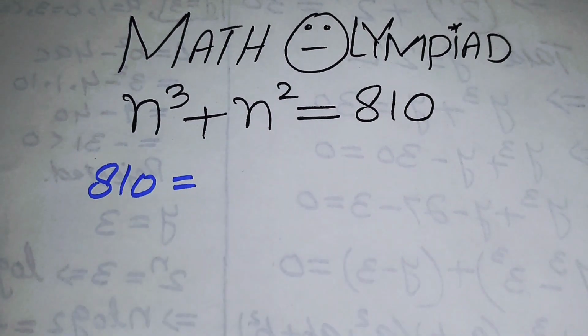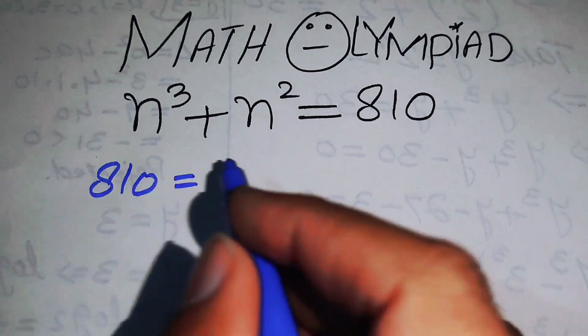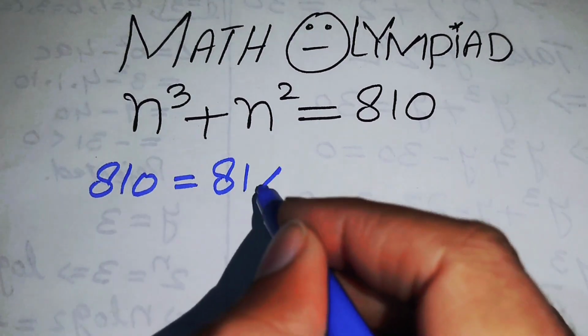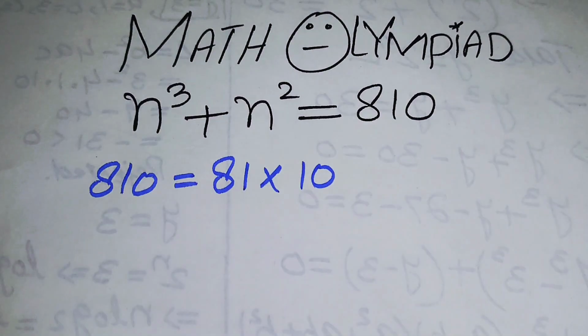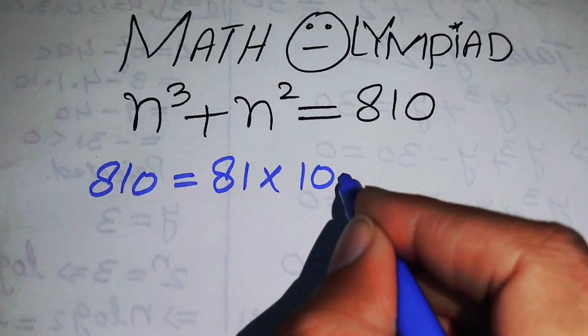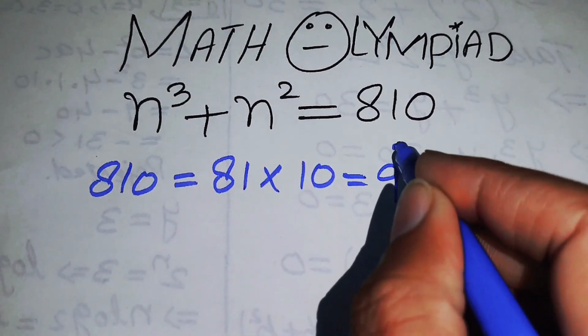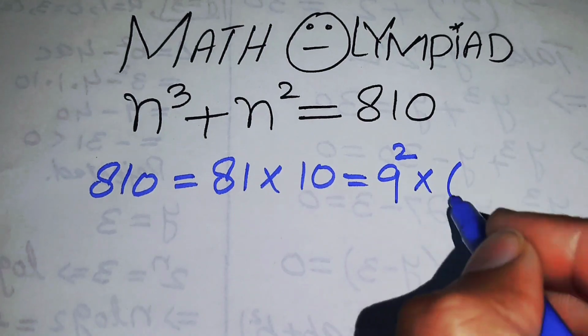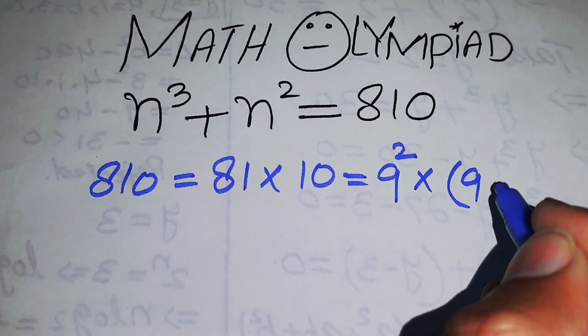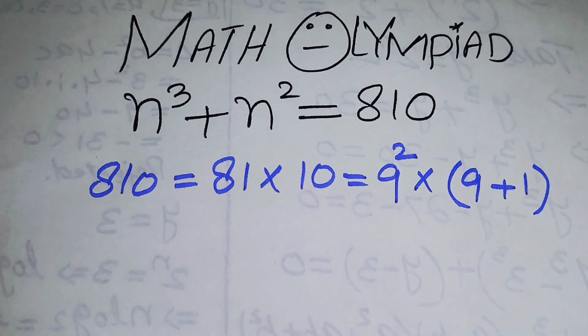810, and we write this 810 as 81 multiplied by 10. And you know that 81 equals 9 squared, multiplied by, we write this 10 as 9 plus 1.